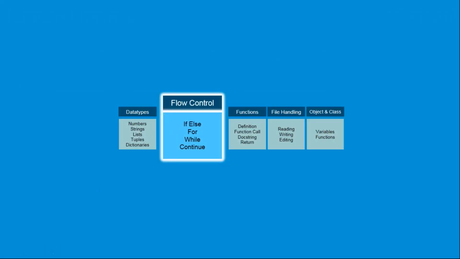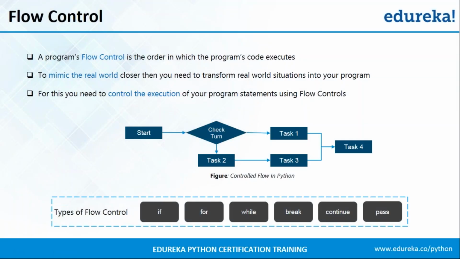Now let us understand flow control, how to define flow control in Python. Flow control is the order in which program code executes. If you see the diagram right here, this is the start, and this diamond-shaped box is where it checks for a condition.